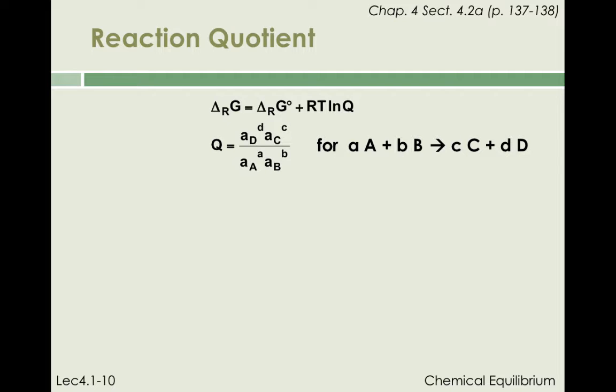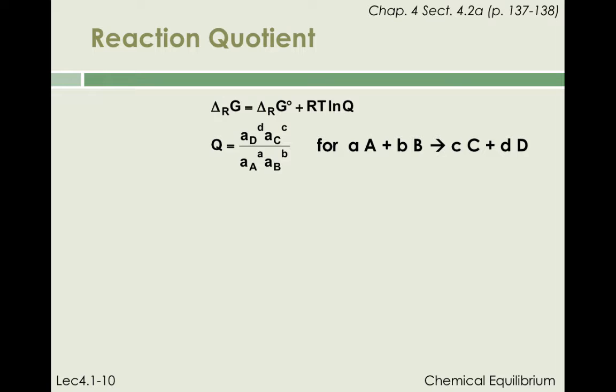On the preceding slide, we wrote the very important relationship between delta Rg standard and the reaction quotient Q. We defined the relationship between reaction quotient and activities for a reaction between A and B to form C and D. On this slide, we practice writing reaction quotients.